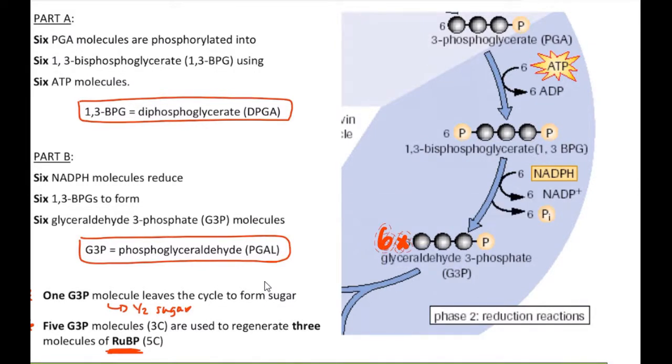That's the difference. The functional groups are going to get rearranged, and I'm going to use the energy from that high energy electron, originally from the chlorophyll, and from the ATP, to rearrange a molecule.